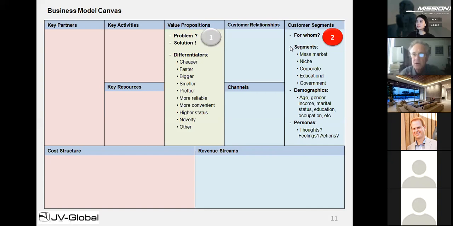So narrow down your customer segments, your demographics, maybe even down to the individual personas. What does a representative of your target market look like? What does he or she feel? What does he or she think? What do they do first thing when they get up in the morning? What do they do last thing before they go to sleep? Narrow it down as much as you can. It's going to make everything so much easier.